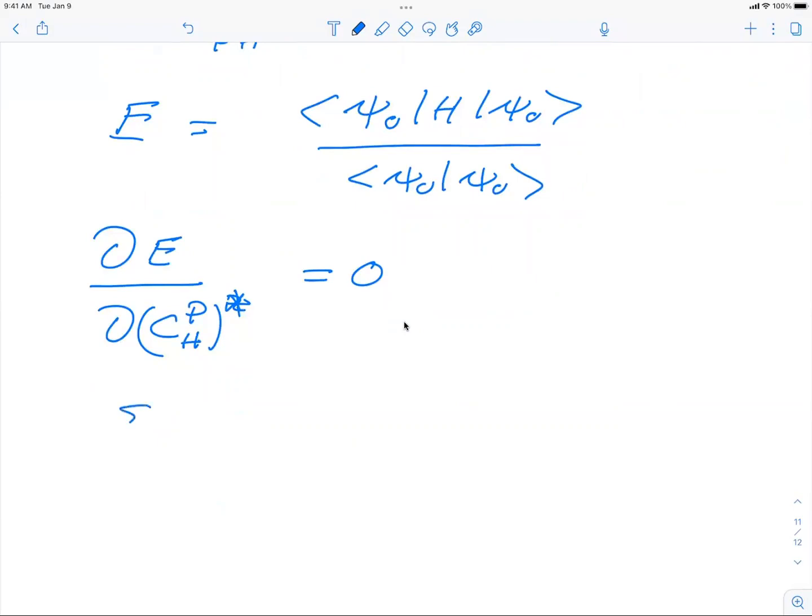So when you do the calculations, you end up with a sum over P and H', and you've probably seen this before in different math and physics courses.